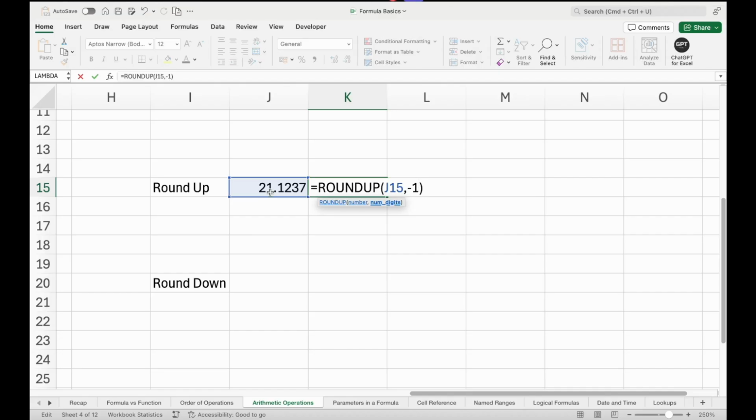But minus 1 also suggests that instead of integers, we are going to take the number in tens. So tens basically means the nearest integer to the original input in tens. So 20 rounding up to 30.